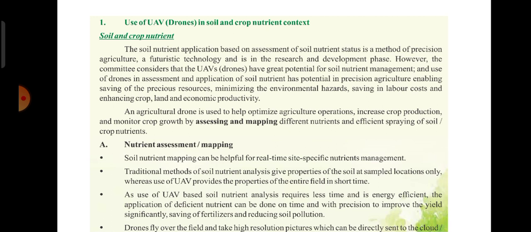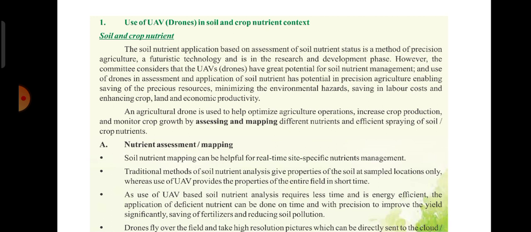So before going to it, we should know what are the soil and crop nutrients. Soil nutrient application based on assessment of soil nutrient status is a method of precision agriculture, a futuristic technology, and it is in the research and development phase.